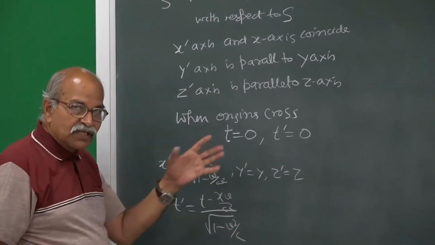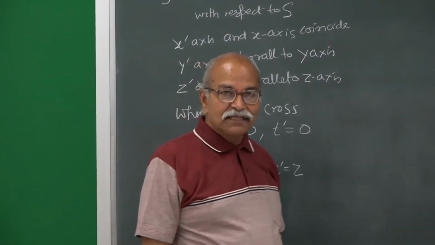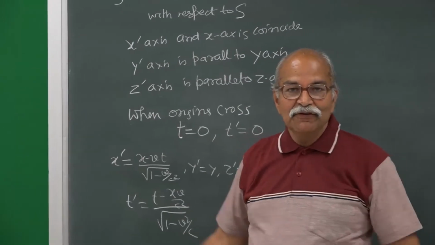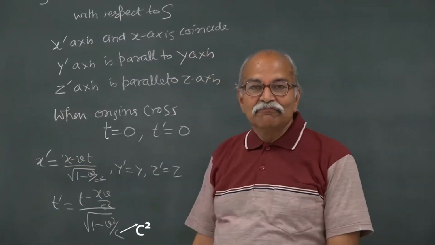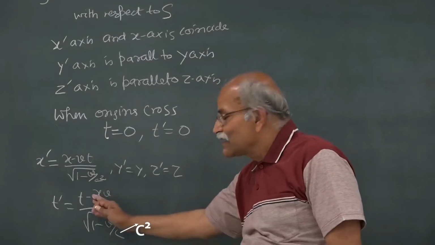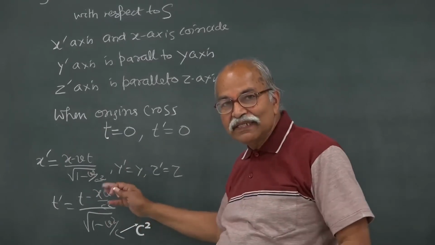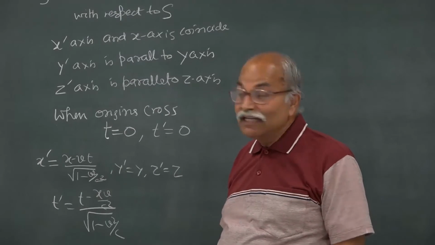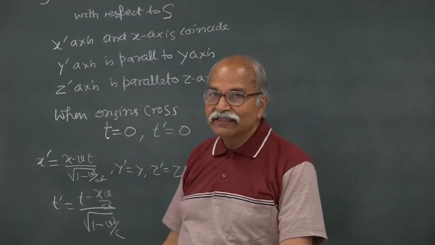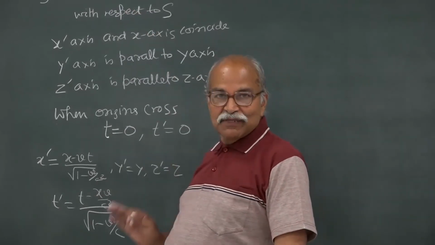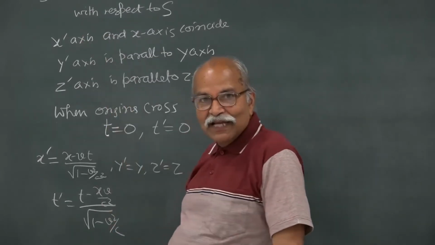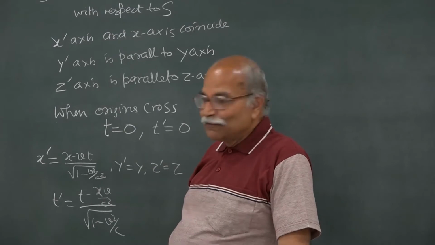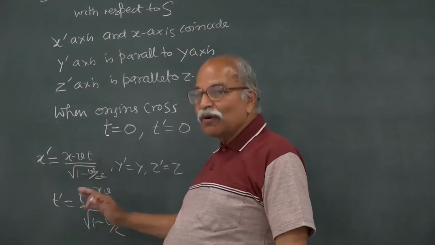These are the equations we have practiced from the very beginning, and we have crammed perhaps by this time. But these equations will not be the Lorentz transformation if these conditions are not met. Lorentz transformation will always be there. Our world is relativistic, no one can change that. But these forms will be more complicated.